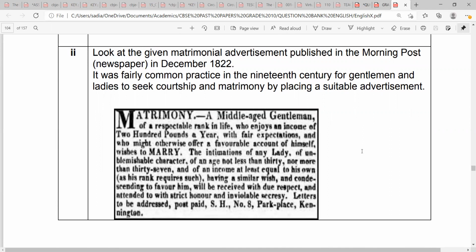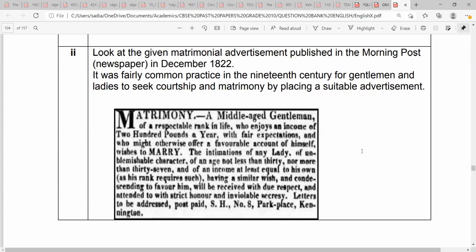A middle-aged gentleman of a respectable rank in life who enjoys an income of £200 a year with fair expectations and who might otherwise offer a favorable account of himself wishes to marry. The intimations of any lady of an unblemishable character of an age not less than 30 nor more than 37 and of an income at least equal to his own, that is his rank, requires such.